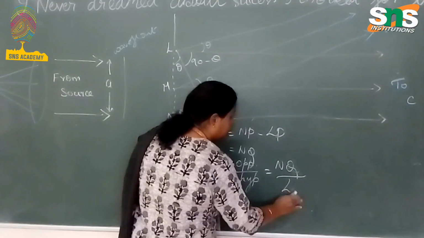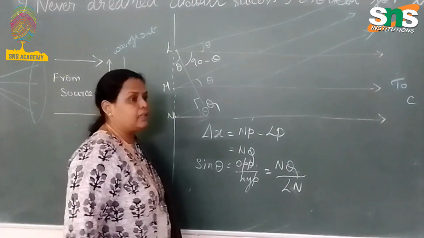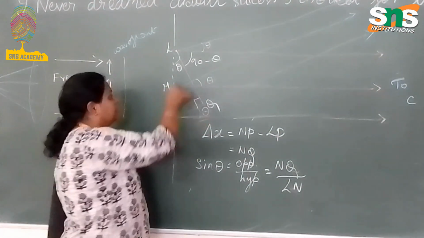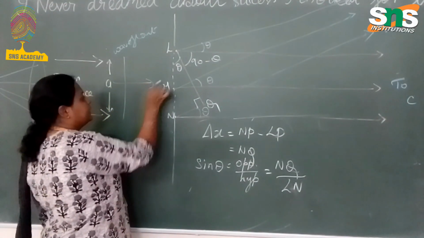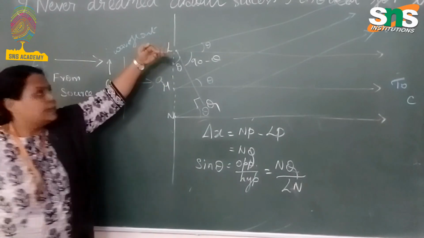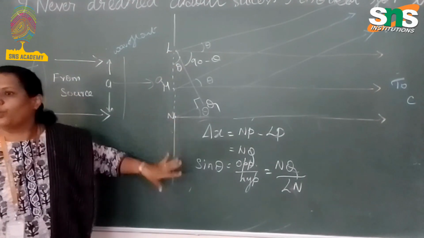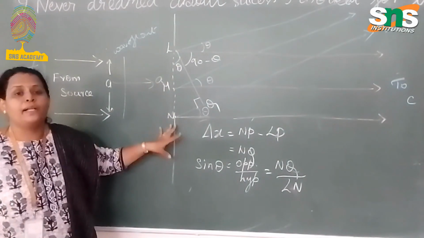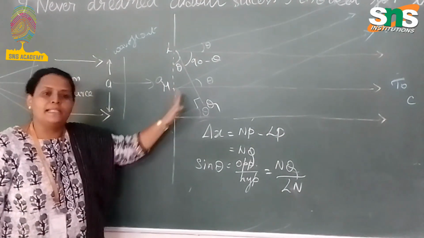If you look, this is my right angle, making 90 degrees, so this is my hypotenuse. So my hypotenuse is just this A. The width of the cardboard is A. It's not the distance between the slit and the cardboard. The width of the cardboard is A.